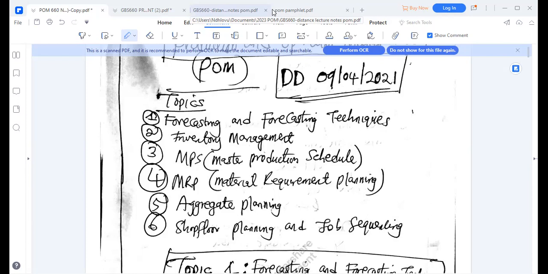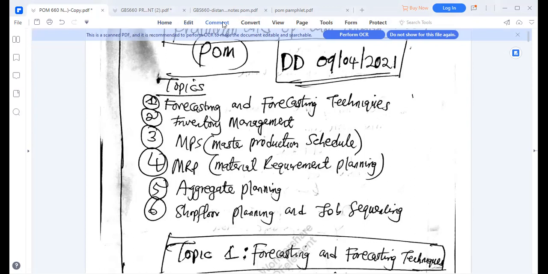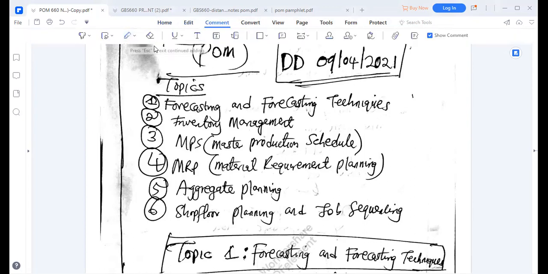Of course, like I mentioned, there are only 6 topics that you need to understand as you look at this course. Very interesting course.